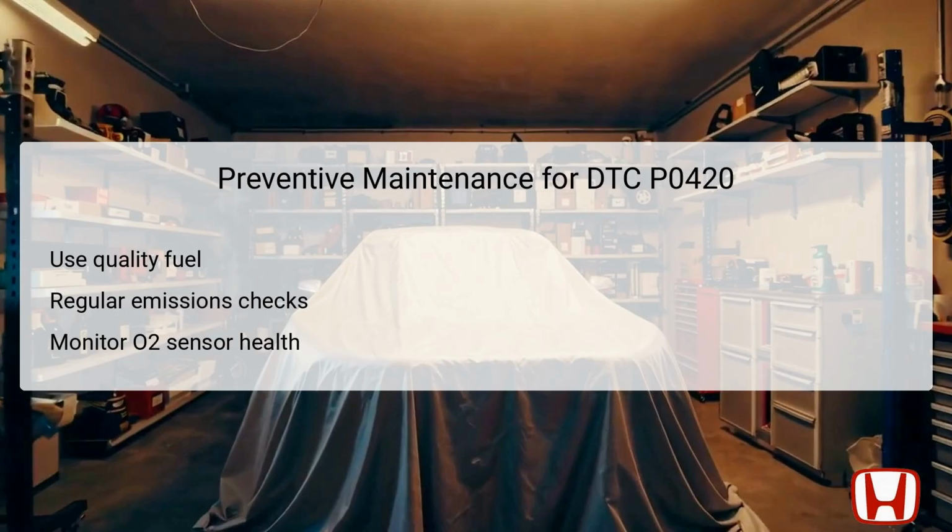Regular emissions checks should also be part of the vehicle's maintenance schedule, as they can identify potential issues before they manifest into warning codes. Additionally, it's advisable to monitor the health of the oxygen sensors, as they play a pivotal role in proper engine function and emissions control. Proper maintenance not only extends the life of these components, but also enhances overall vehicle performance.